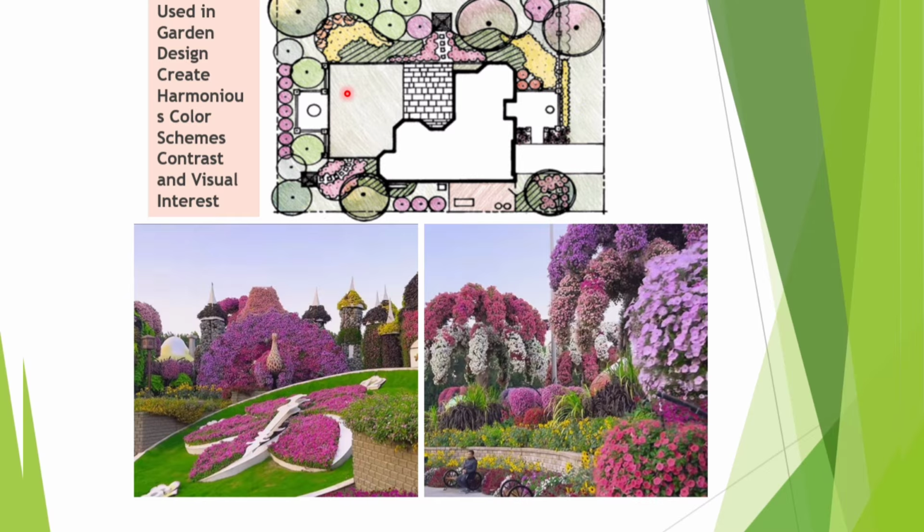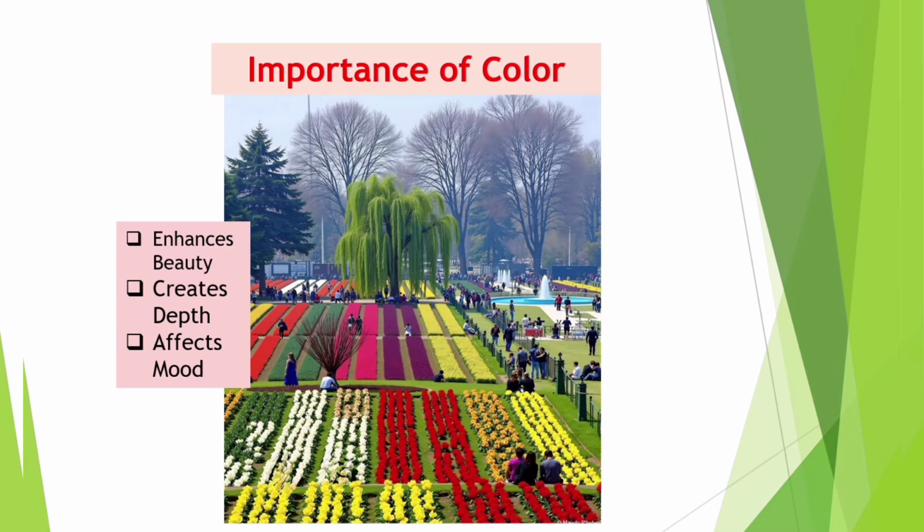This is how it is used in garden design to create harmonious color schemes, contrast and visual interest. And then from this plan, it is implemented on the ground with desired impact. So here color is being used in a blueprint, and then that is being implemented in the form of a garden as per the desired result.